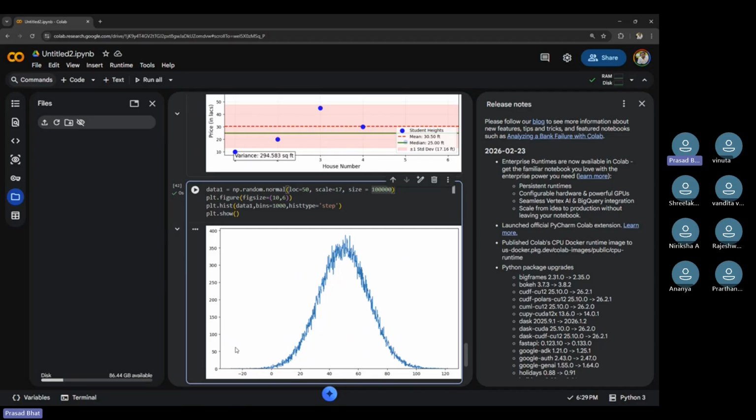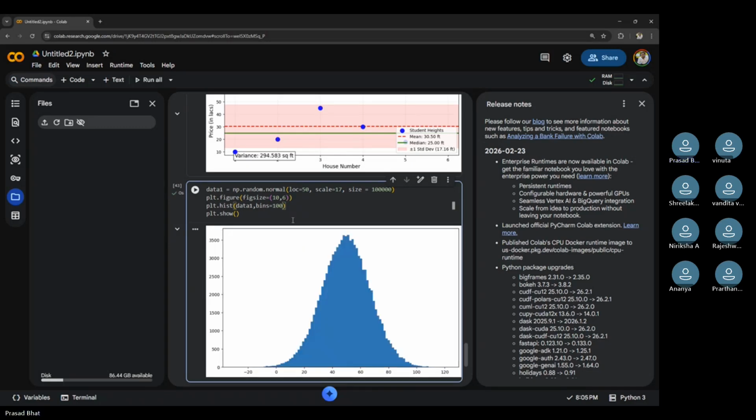Okay, and then I plotted them like this. If you want to see them, let me remove this. Let me reduce the number of bins. I hope you can see, right? Reduce this also, some 50 maybe. See this? So essentially what does a histogram do?